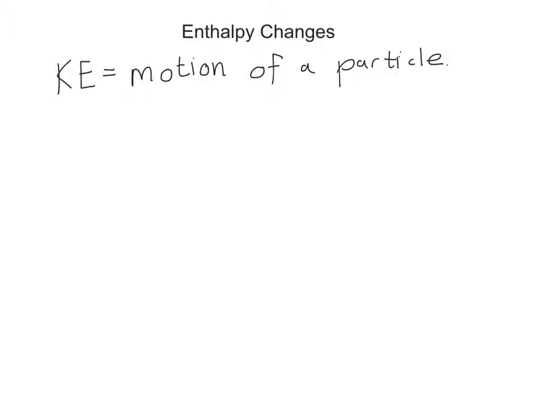Now, in order to really understand enthalpy, we also have to discuss what potential energy is. Remember, you can refer to potential energy as the potential of something to give off or take in energy. So this is a stored form of energy.